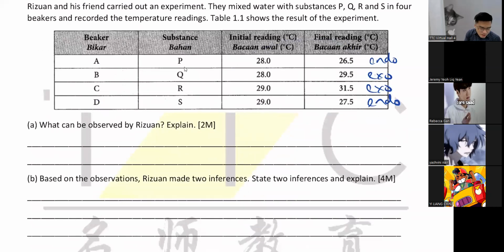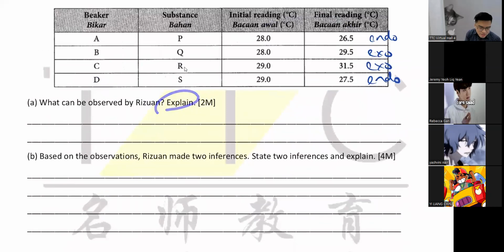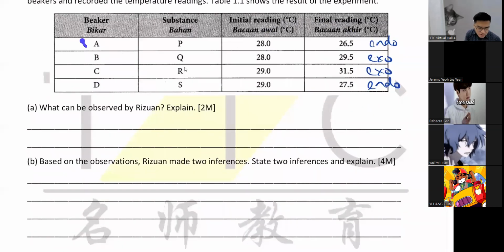So A, what can be observed by Rizwan? Explain. As you can see, for A and D, the temperature decreases, and for B and C, the temperature increases. So we can write that for A and D, temperature decrease, suhu menurun. I'm just this lazy.